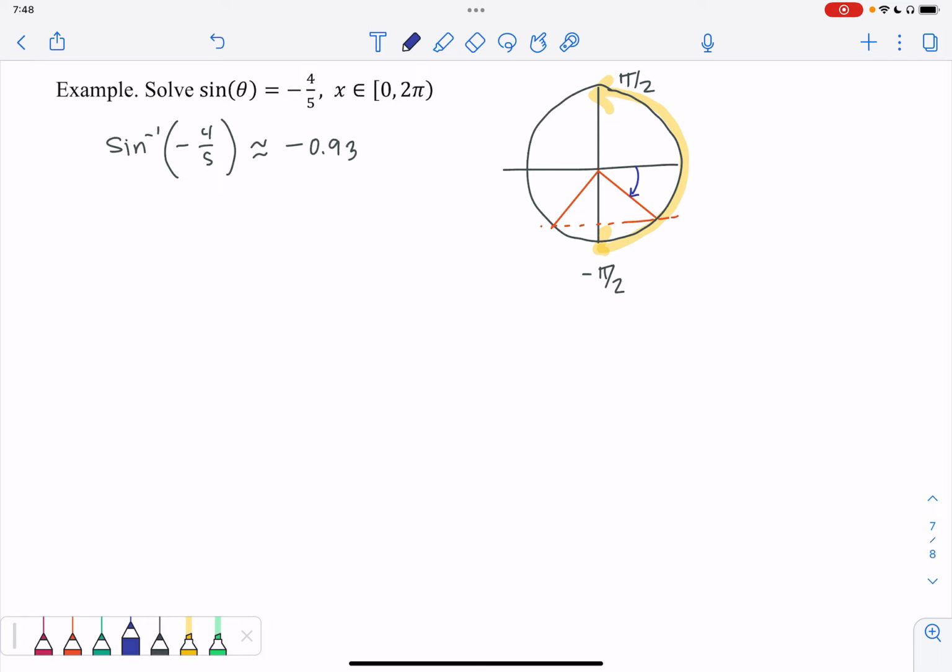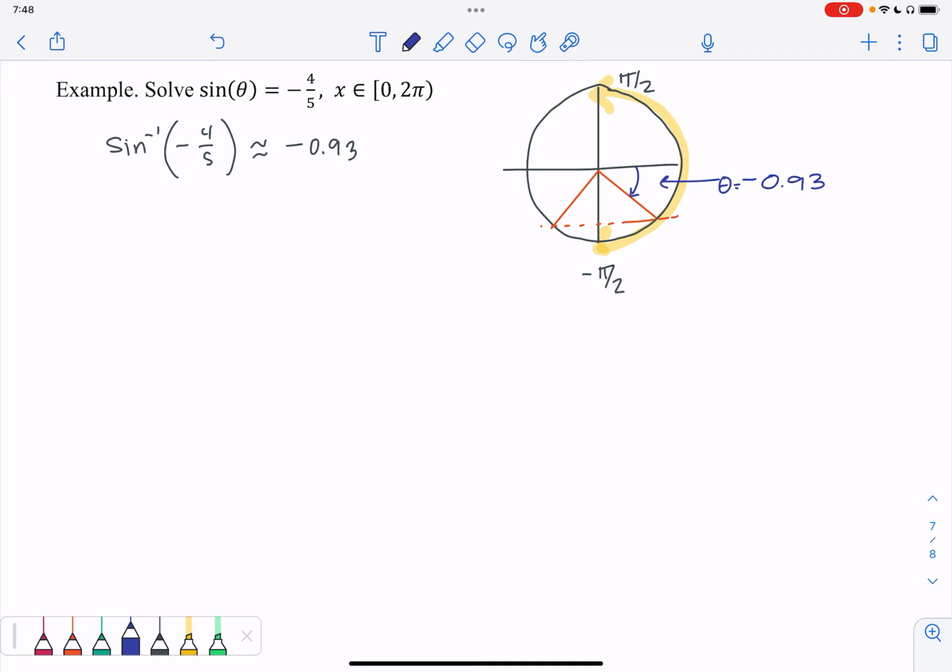So what that's saying is that this angle here is negative 0.93. Now, how do I know it's this one that I'm pointing to here in the fourth quadrant and not this other one? Well, outputs of sine inverse have to be in quadrant 1 or quadrant 4. Because this is negative, it's pointing to quadrant 4 and can't be the one in quadrant 3. We can give this angle a name, say theta.